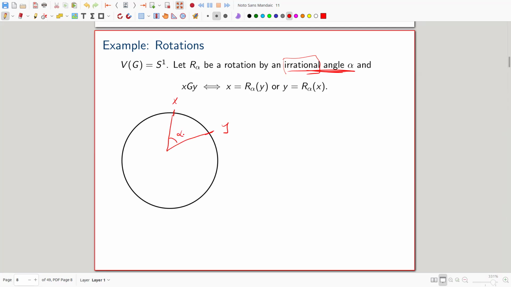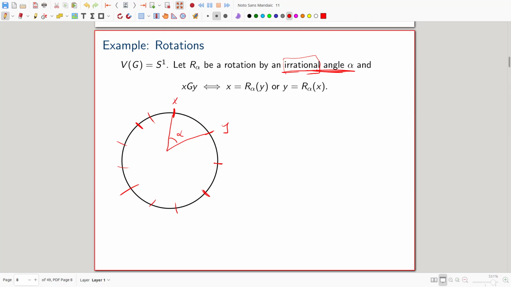So this is the graph. And the first question: how does a connected component look in this case? Well, x is connected to 2 things, and then y is connected again to 2 things, and then this new thing is also connected to 2 things, etc. One interesting point is that you don't get back to the same place because alpha is irrational.